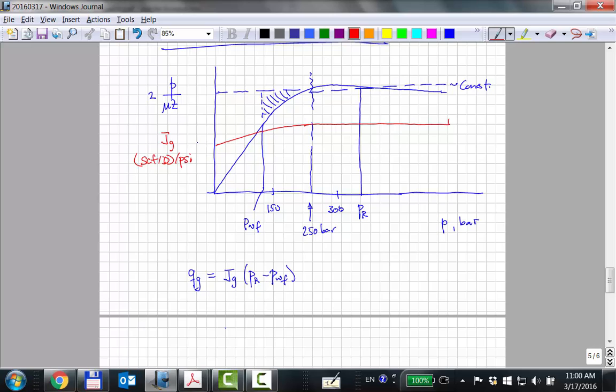So this reflects our effective productivity index of gas. And for practical purposes, as long as PWF is above 250 bar, then that's basically a constant. But as soon as you drop below it, then you get less gas rate per drawdown.